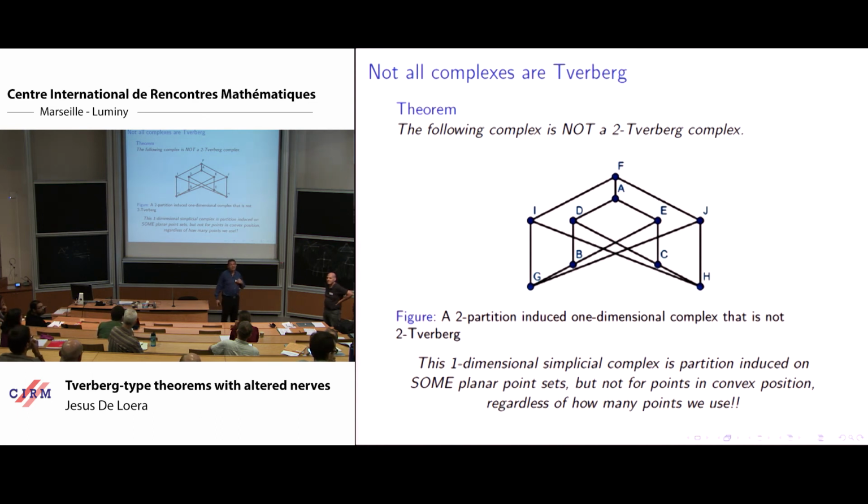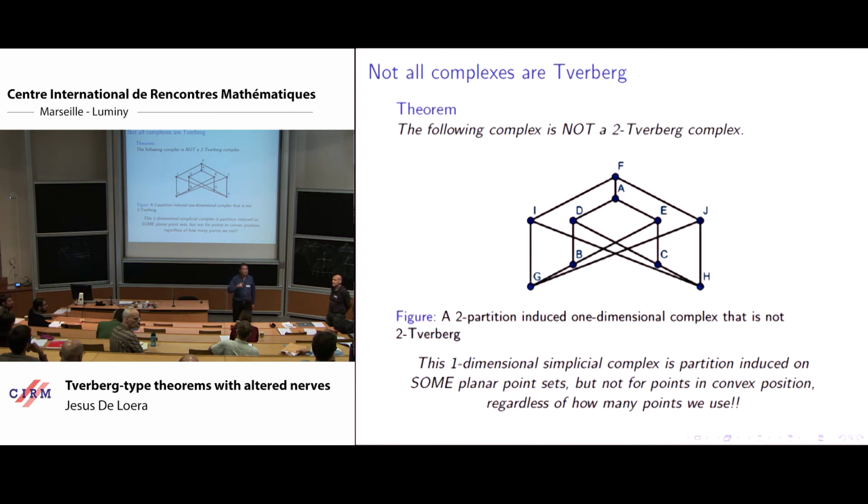So yes, there are some ways to put the points in such a way that you can partition the points, take the nerve of that, and you get this graph. But to be Tverberg, it needs to happen in every point configuration as long as you have sufficiently many points, right? There has to be a value. My question is, are there graphs that cannot be obtained by any partition of any point sets?